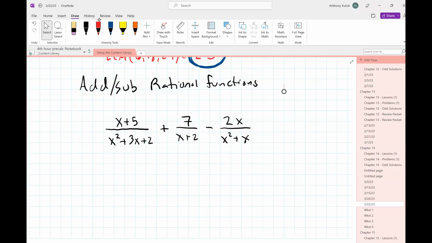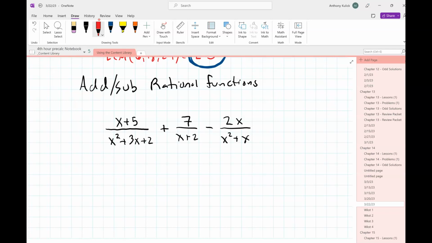All right, what do I want to start by doing? Factoring. Great. So the numerators are all prime, so there's no factoring I can do with the numerators. We'll just worry about the denominators.